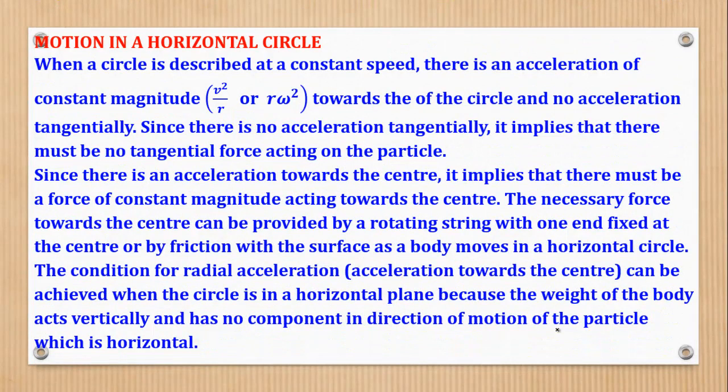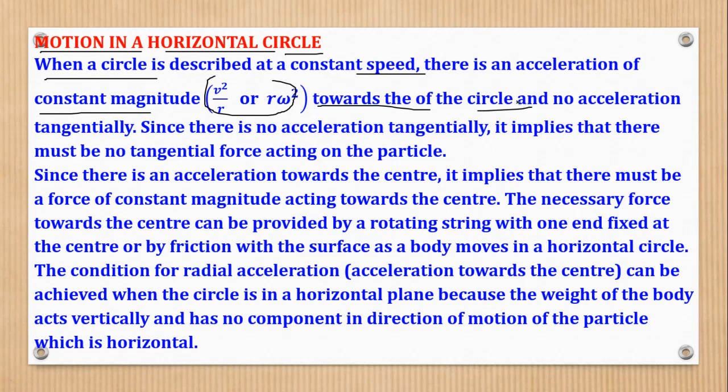Okay, so that was centripetal force and centripetal acceleration. Now we shall go to what we call motion in a horizontal circle. When a circle is described at a constant speed, there is an acceleration of constant magnitude, which is this, like I've already told you, and it is always towards the center, and there is no tangential acceleration.